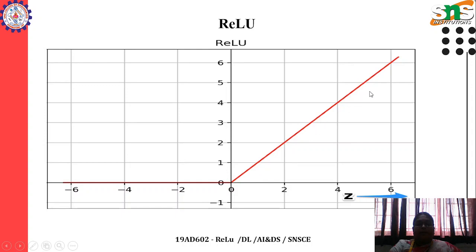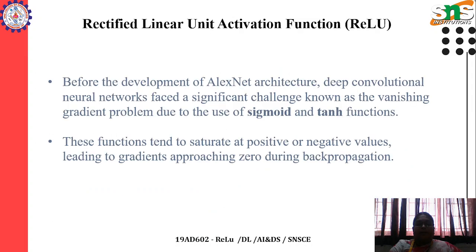Because of this advantage, the convolutional neural network follows ReLU, the rectified linear unit activation function, since the other functions faced the significant challenge of the vanishing gradient problem, and they saturate at both the positive and the negative value.